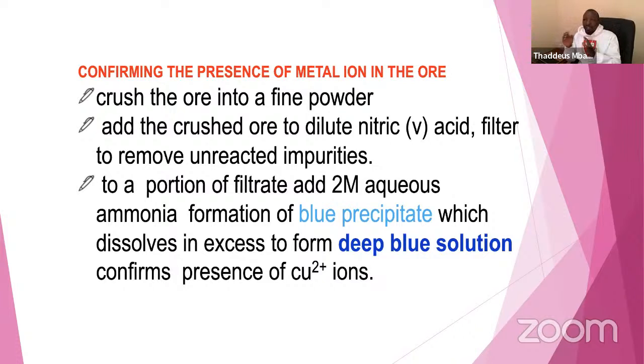That applies to all of them except sodium. Then add dilute nitric acid to the crushed ore, then filter. After filtering, add a portion of the filtrate to 2 molar ammonia. Formation of a blue precipitate, which dissolves in excess to form a deep blue solution, confirms the presence of copper. That is the best way to confirm the presence of copper.